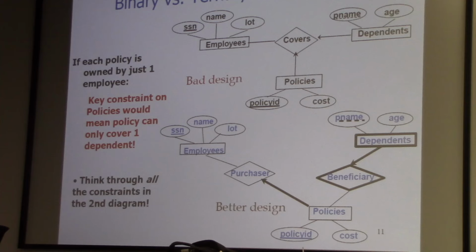So in that case, Shane has a point in the sense that once the employee no longer owns that policy, it doesn't exist anymore. Does that make sense to you? So yes, theoretically speaking, you can treat this as a weak entity set as well.